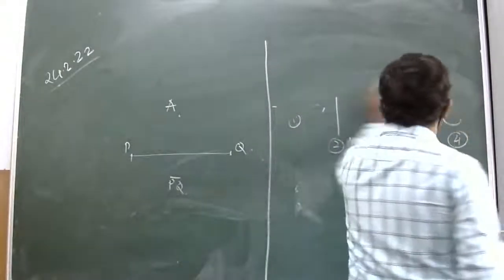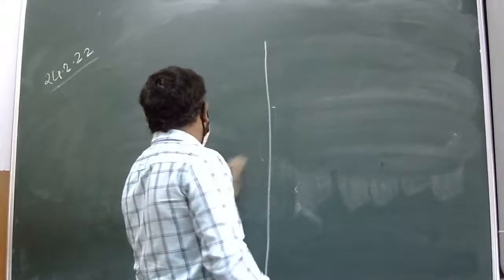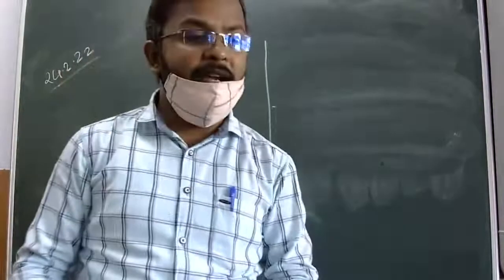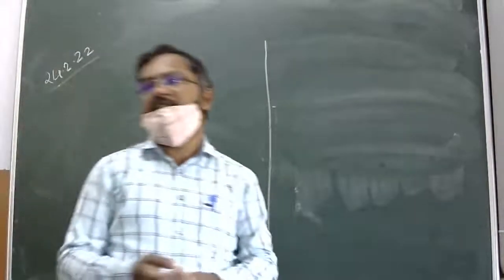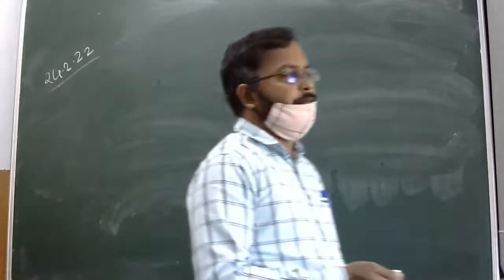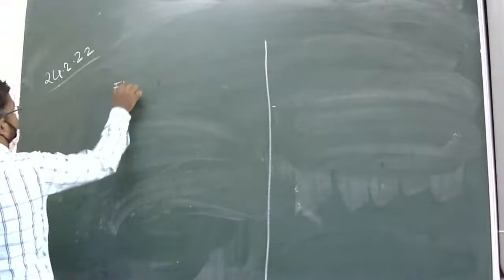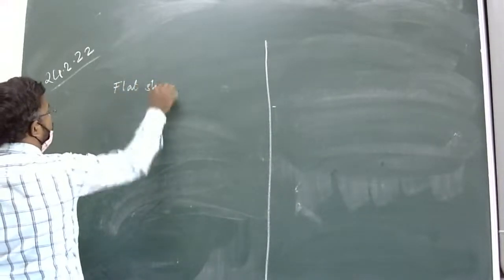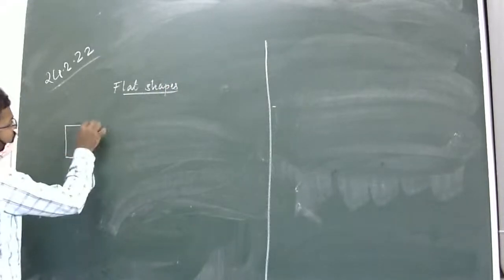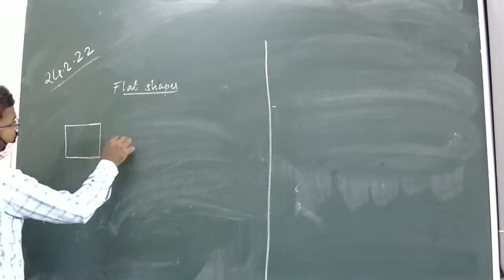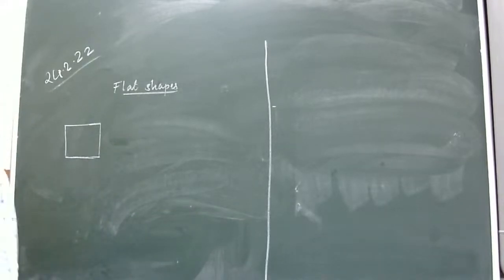Okay. So after this, we have studied flat shapes and solid shapes. So in that chapter, next we are having flat shape and solid shape. In flat shape, we were having so many different shapes.